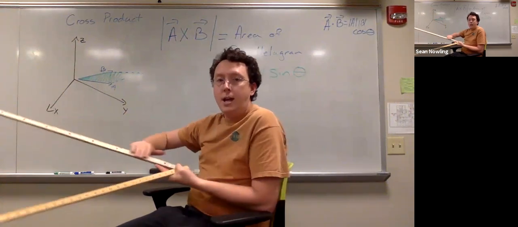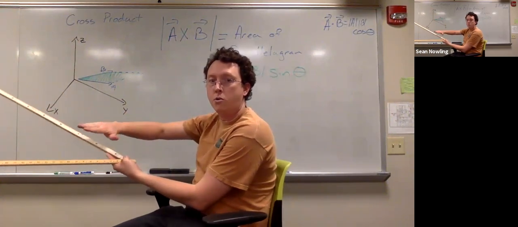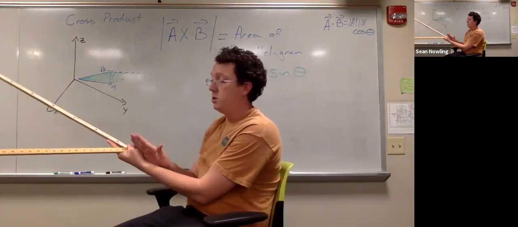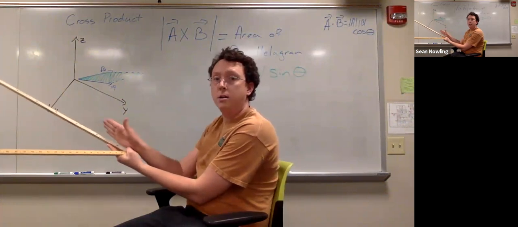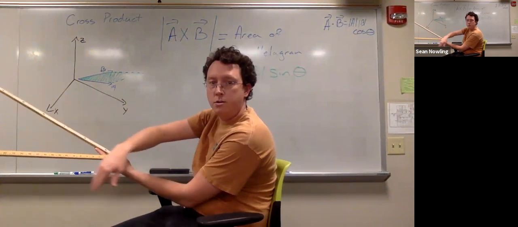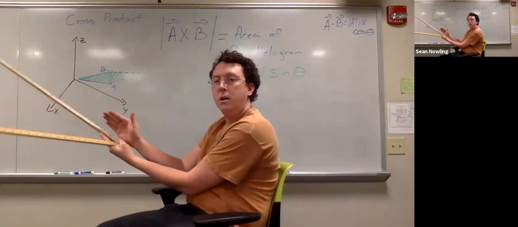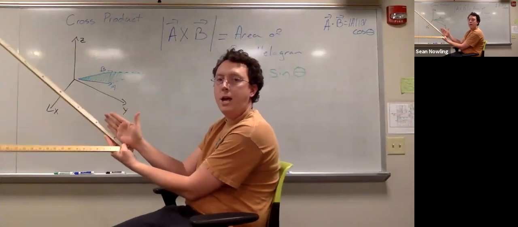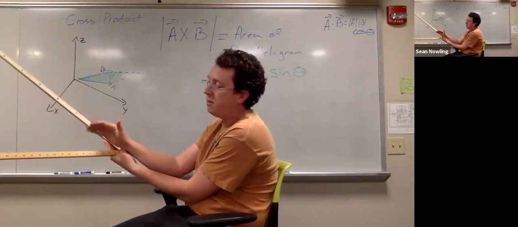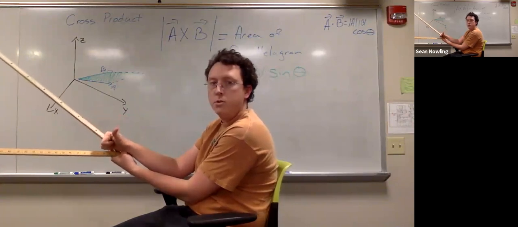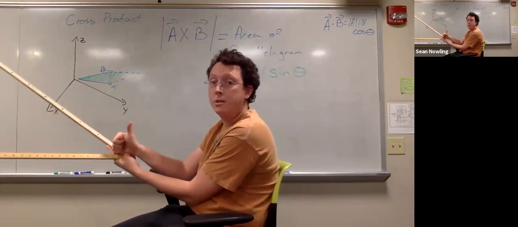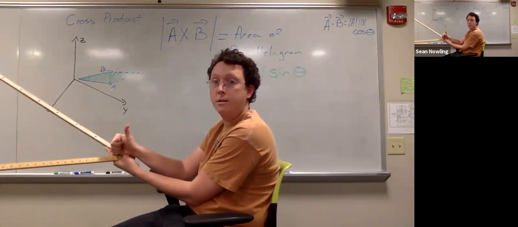So I have A cross B. With my hand, I am going to align my hand along A. And notice this is the small angle as opposed to the larger angle around the backside. So I'm going to take my hand along A, and curl my fingers towards B, and the answer goes along your thumb as you hold it there.